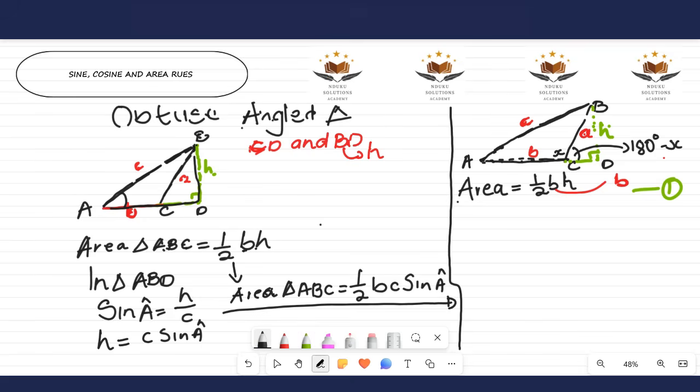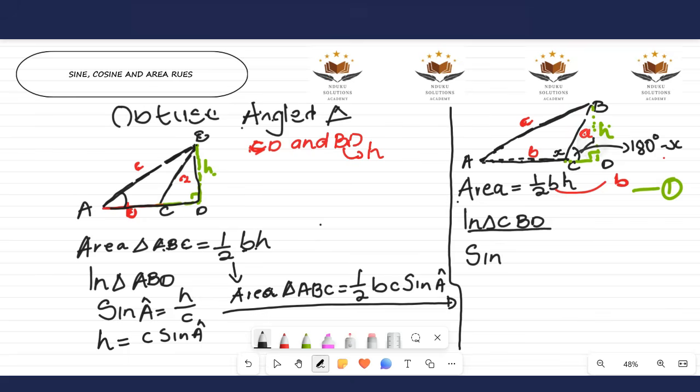So this will be equation number 1 of mine. Therefore, I'm going to use in triangle CBD, or BCD, this angle, which is the sine.